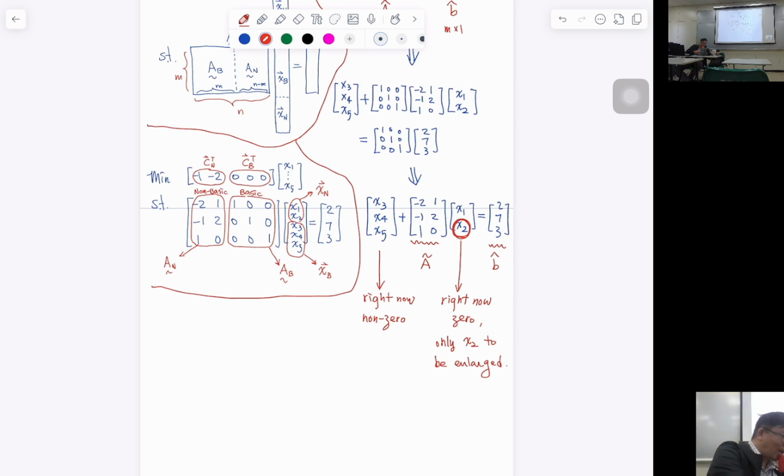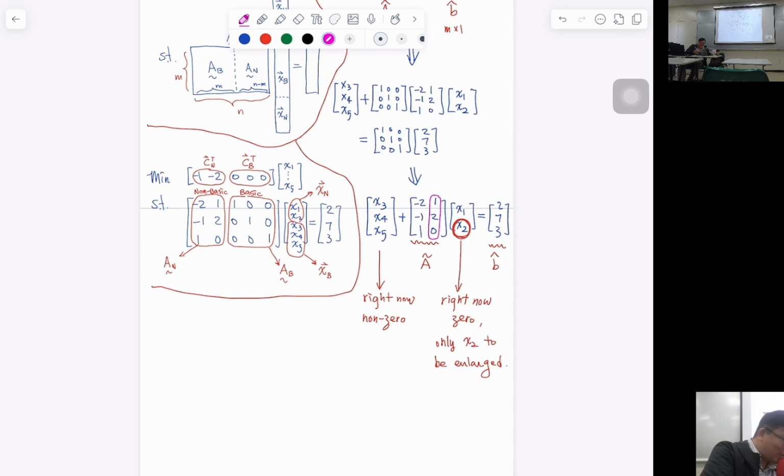Okay, so if we do that, we only care about this column, because the second column is the coefficient for the chosen x2. The first column of A hat means nothing in this iteration, because x1 is going to be 0 all the time.